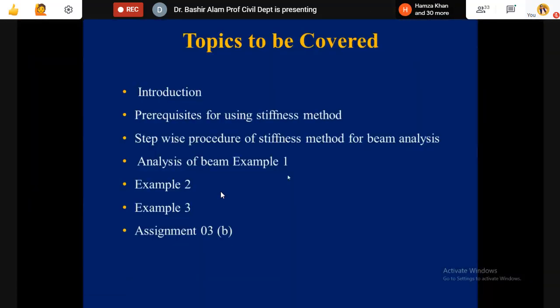In this module, topics to be covered are introduction, prerequisite for using stiffness method, stepwise procedure of stiffness method for beam analysis. We just discussed these things, but it will be a kind of revision. Analysis of beam 1, 2, and 3, and then you will get the assignments.